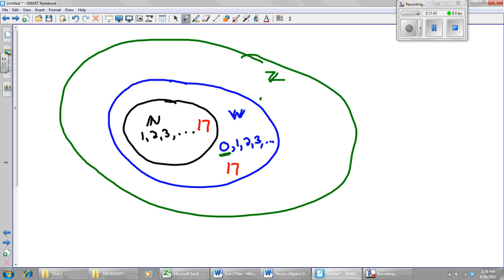And you're going to have no beginning and no end. All right. And you see, if I'm natural, like 17, then I'm also an integer. Okay? If I'm a whole number like 0, well, then I'm also an integer.